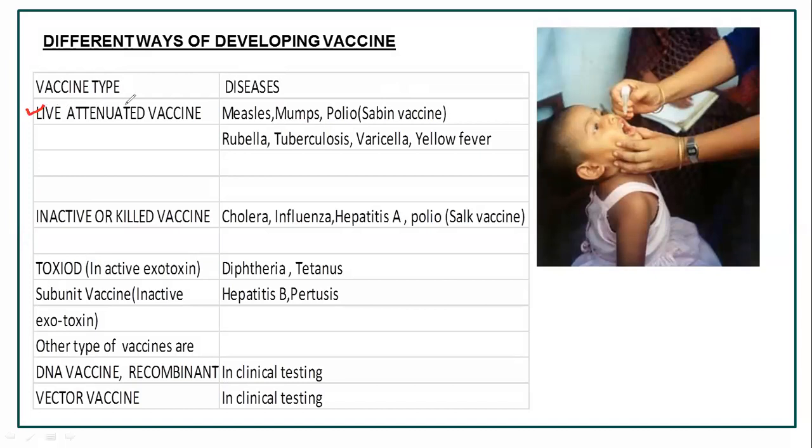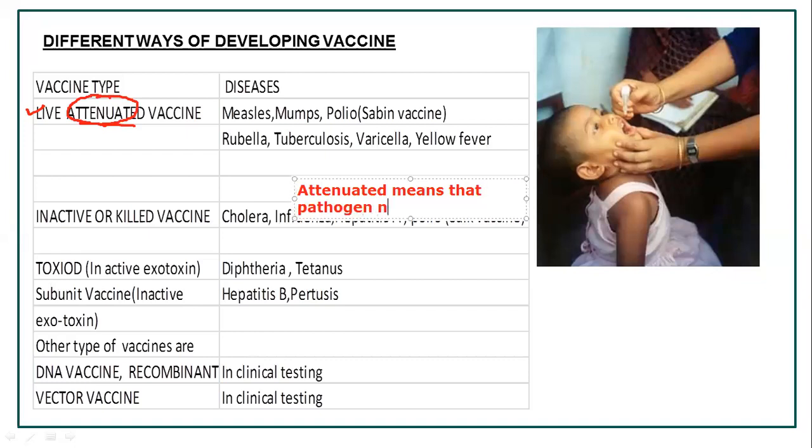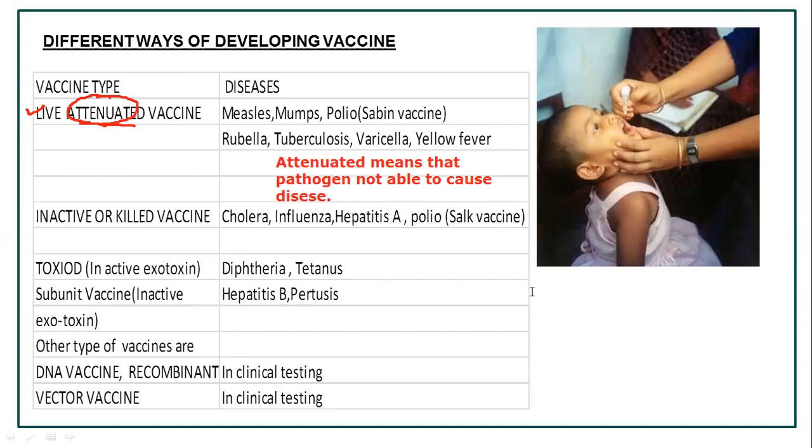Live attenuated means the pathogen is live but is not able to cause disease. Attenuated vaccines include measles, mumps, and polio vaccines.